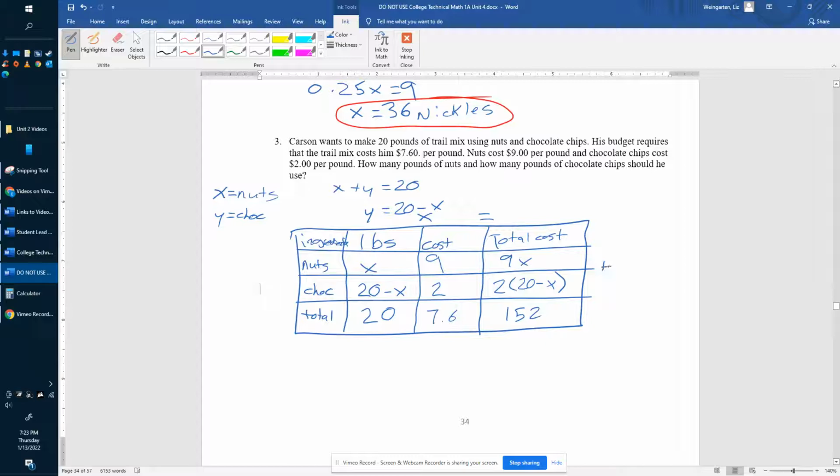So we're going to add going down. So we'll have 9x plus 2 times 20 minus x equals 152. We'll distribute. Combine like terms. Get all the constants on one side.